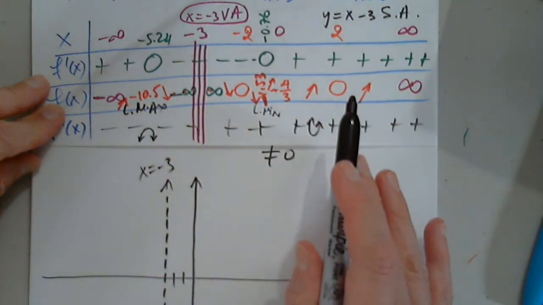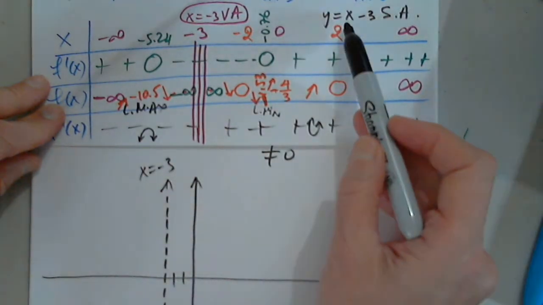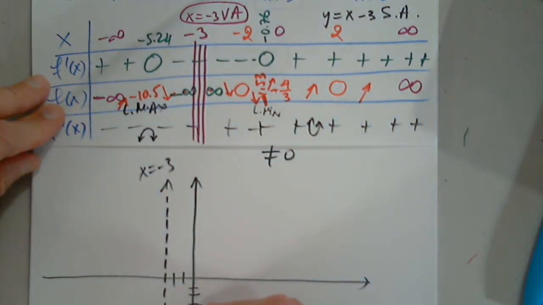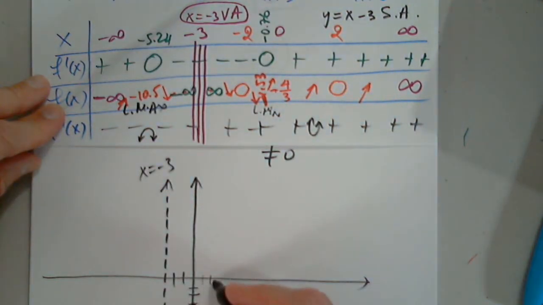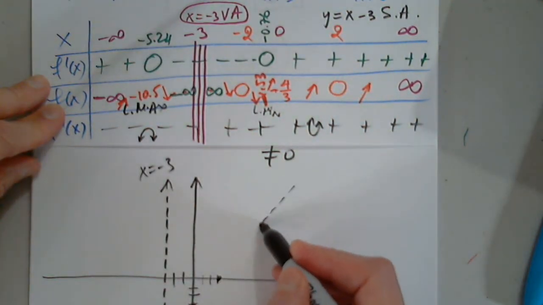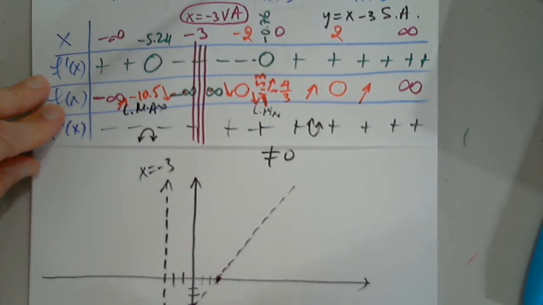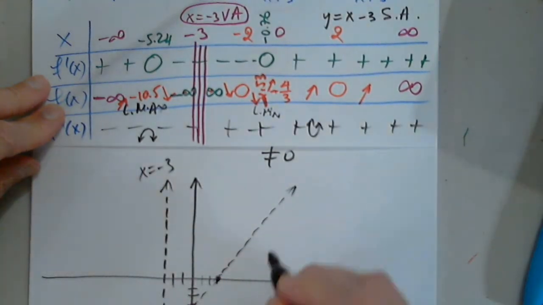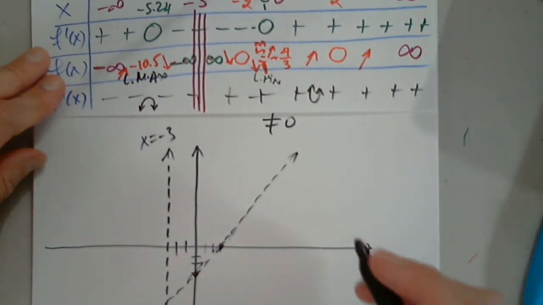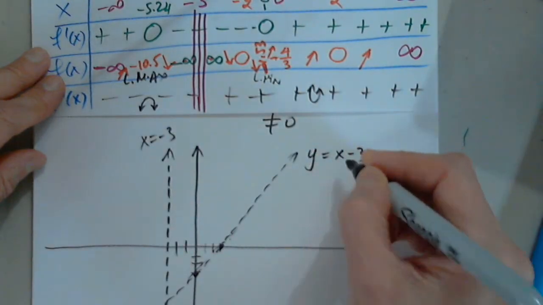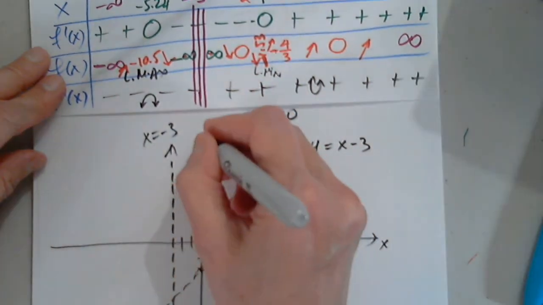I have to continue with x minus 3. And remember, I need 2 ordered pairs. When x is 0, y is negative 3. When y is 0, x is 3. It's a little bit kind of a broken line. Sorry. So y equals x minus 3.